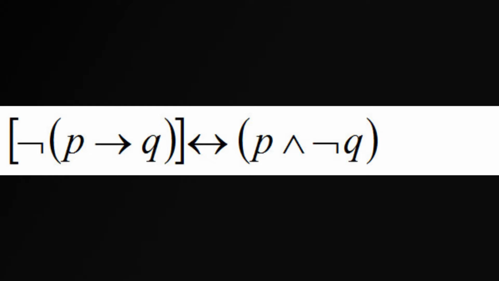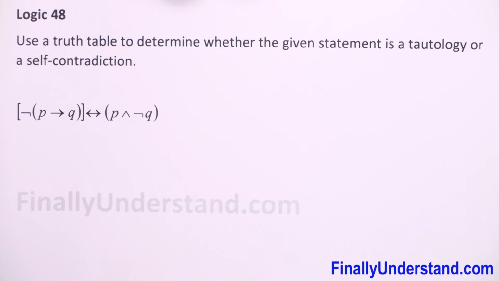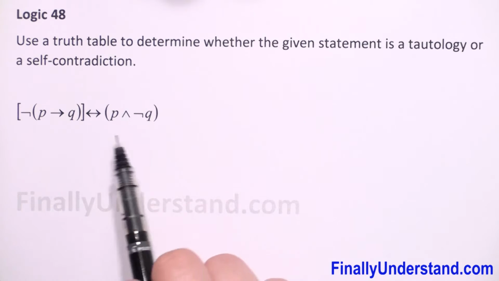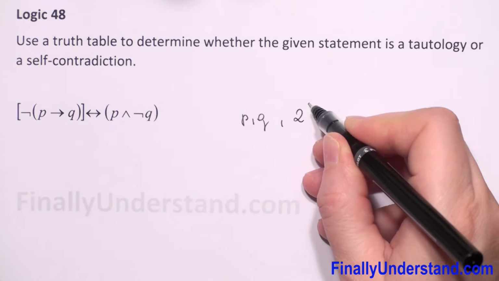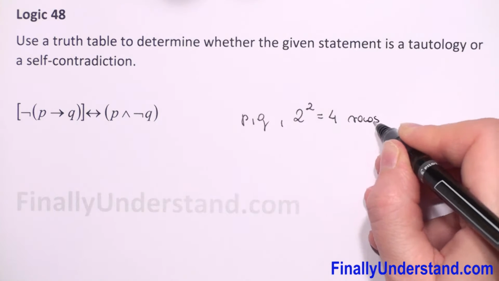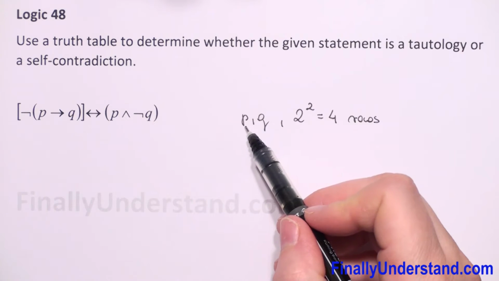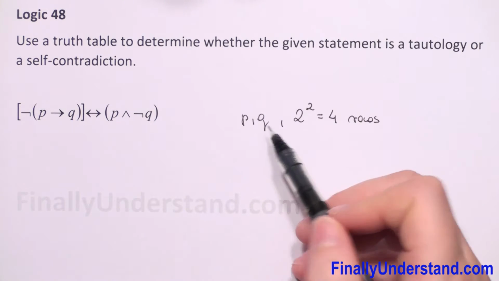We have to build a truth table to determine if a given statement is a tautology or a self-contradiction. First we have to check how many simple statements we have here. We have P and Q. So we will have 2 to the second power, which is 4 rows, 4 combinations, because P can be true or false and Q can be true or false.